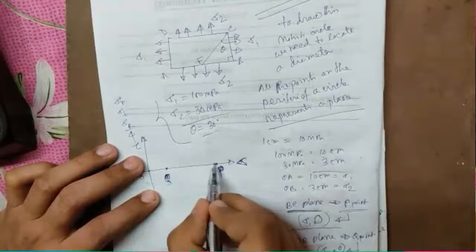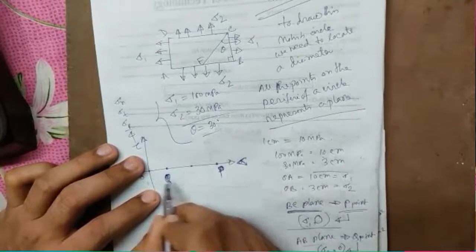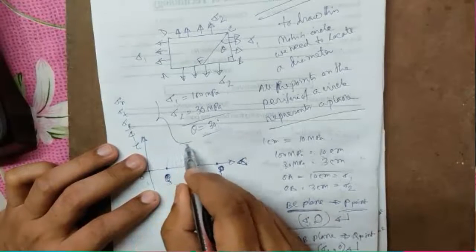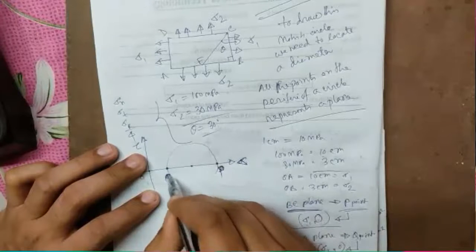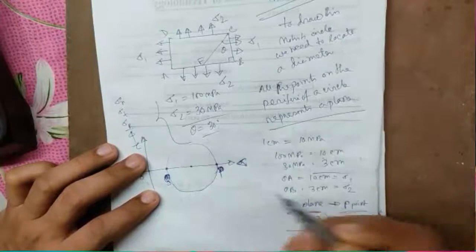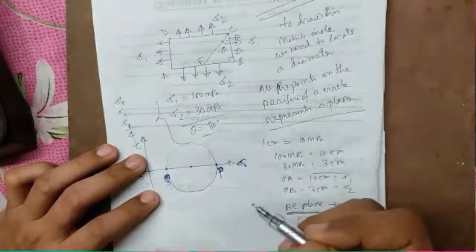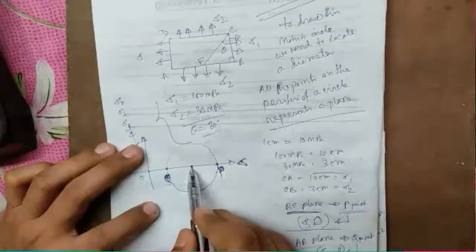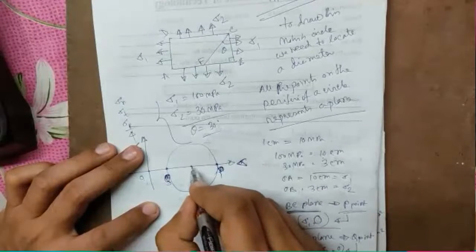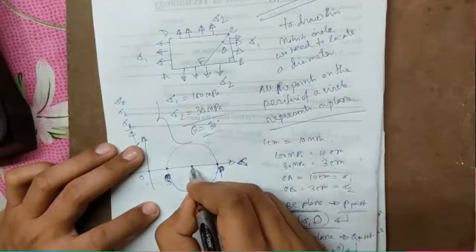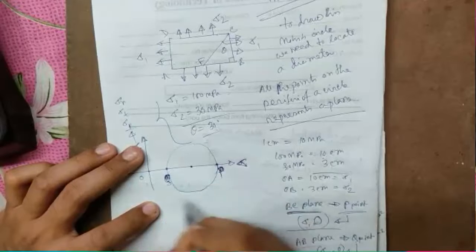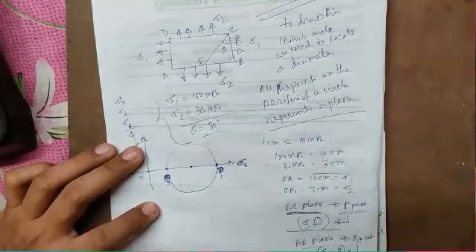So if we take PQ as diameter, we can draw this Mohr circle. We bisect it, and from the bisected point we make the center and draw a circle. That will be the Mohr circle. This is how we draw the Mohr circle.